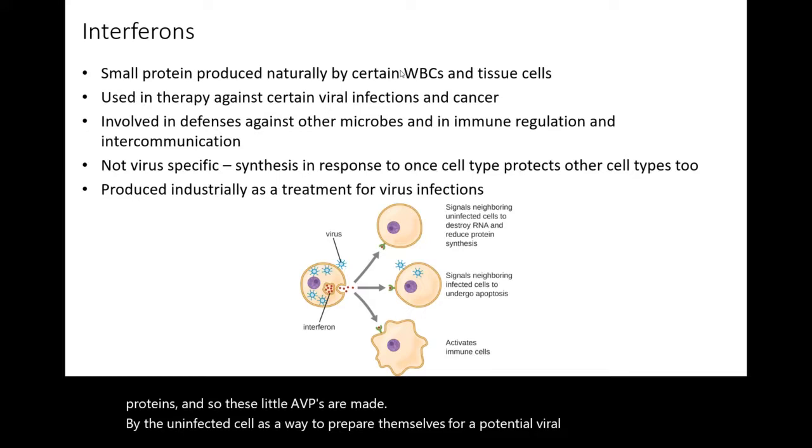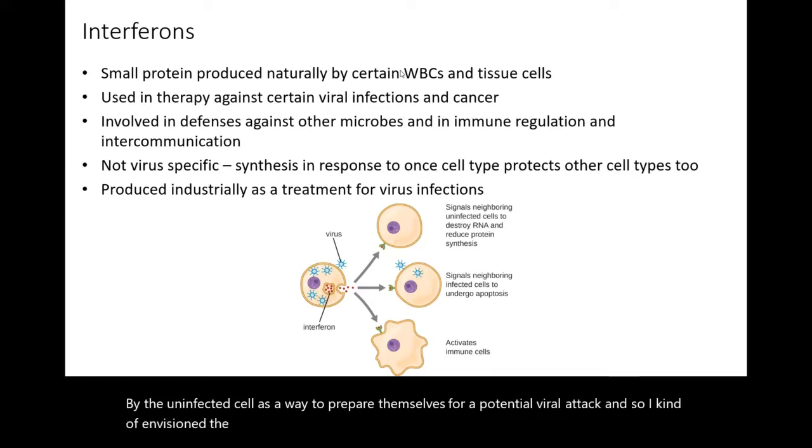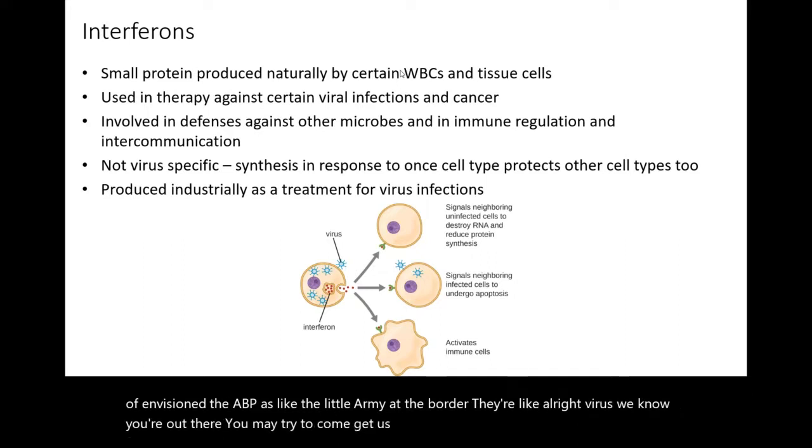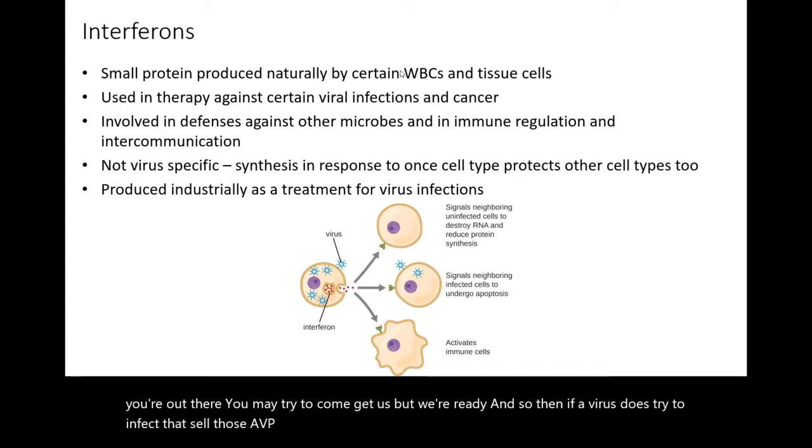And so I kind of envision the AVPs as like a little army at the border. They're like, all right, virus, we know you're out there. You may try to come get us, but we're ready. And so then if a virus does try to infect that cell, those AVPs can eliminate it before it's able to actually initiate and complete a replication cycle.